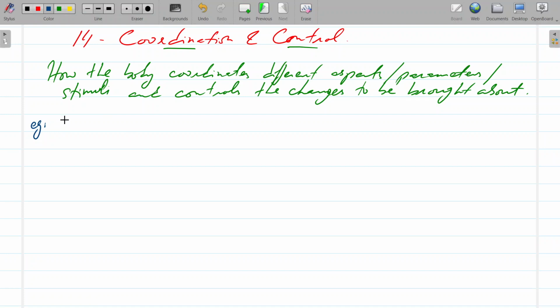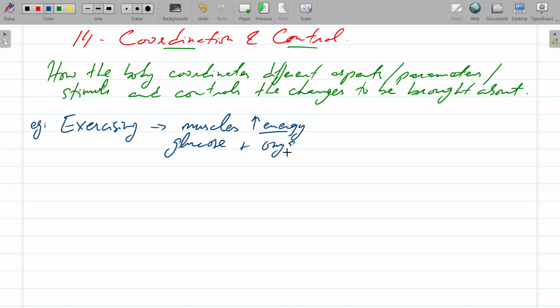So you're exercising and your muscles need more energy than they normally would. Your energy demand increases. We've already done aerobic respiration. To get that energy, you need two things. You need glucose and you need oxygen.